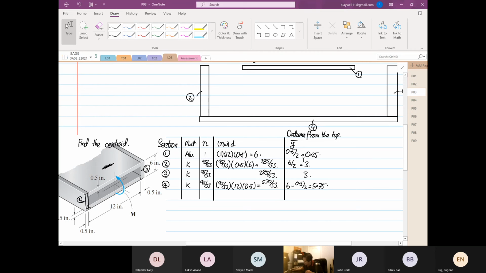Then from here, we're going to multiply our n w d y bar. So 6 times 0.25 is equal to 1.5. 3 times by 285 over 53 is equal to 855 over 53.